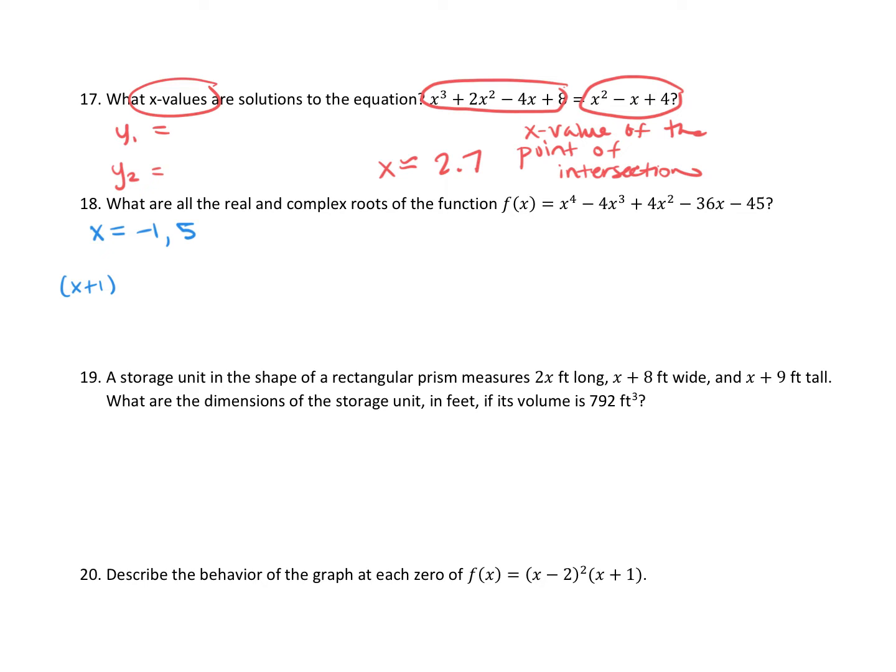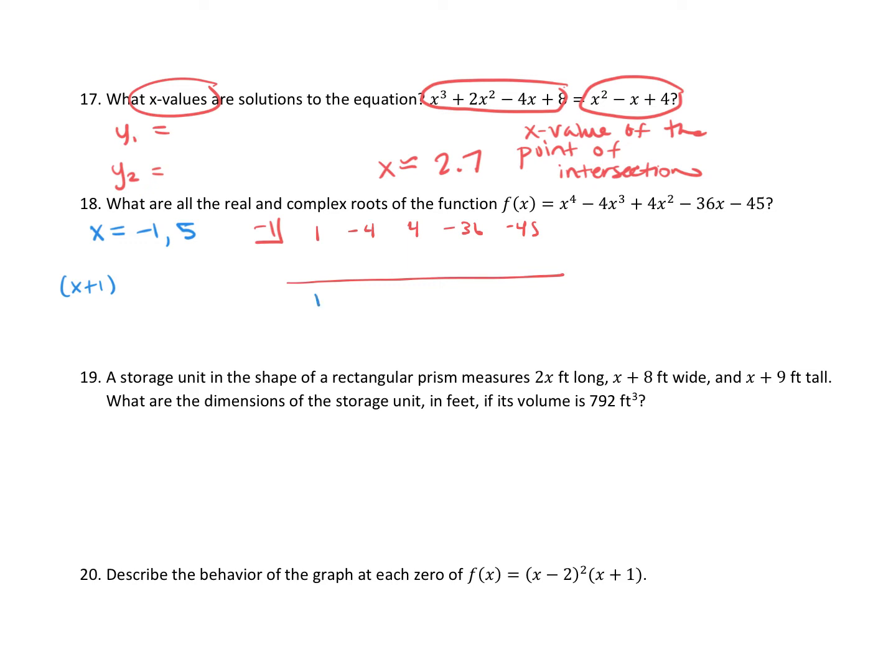So if we do synthetic, we are going to put a -1, tricky x from the factor, right, into the box or into the corner. Check our polynomial. Are we missing any terms? We are not, so we can list off our coefficients. We have a 1, -4, 4, -36, and -45. All right, so let's run through that synthetic.